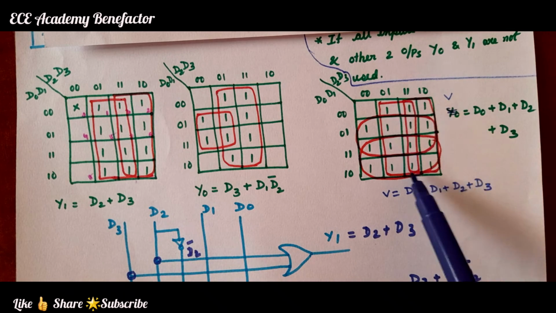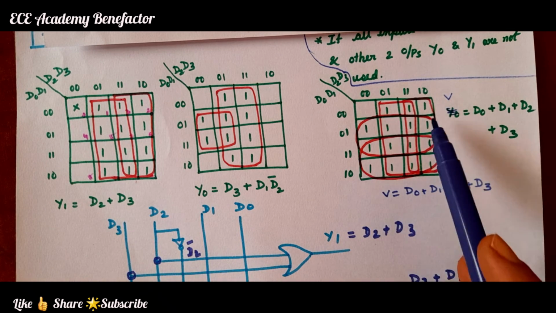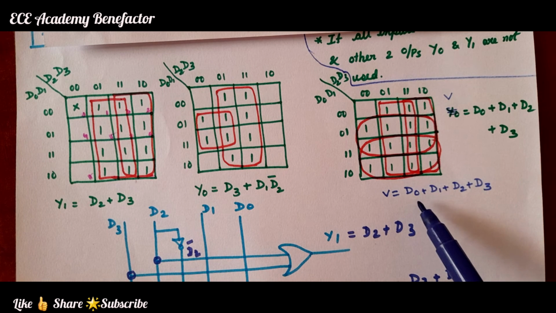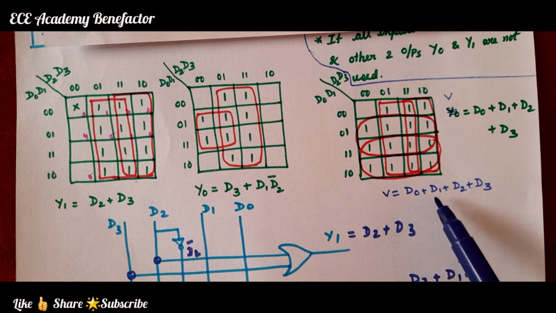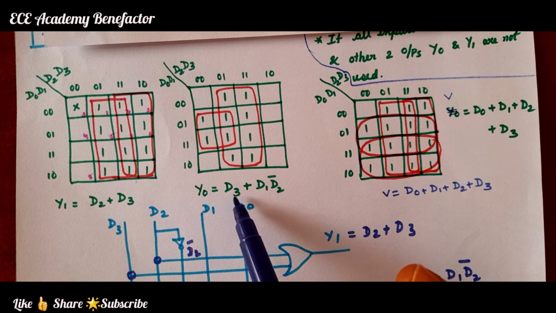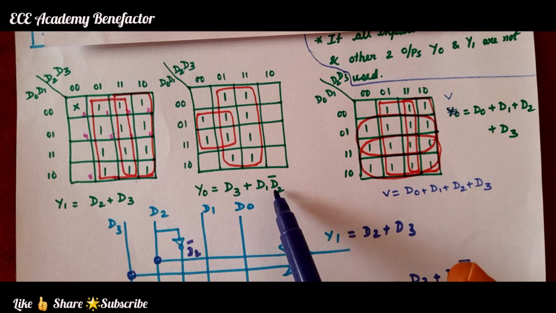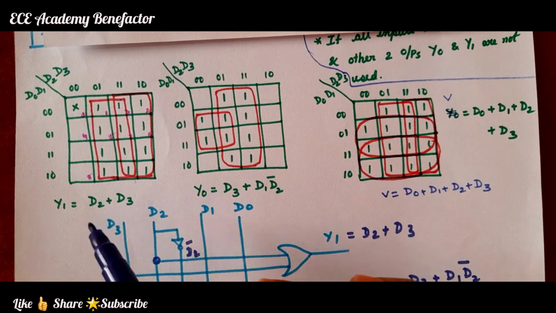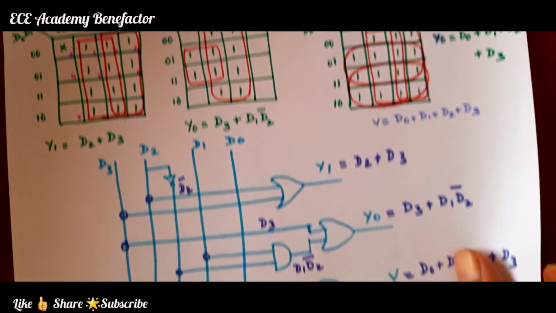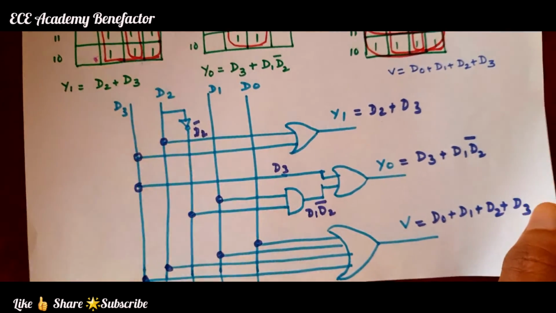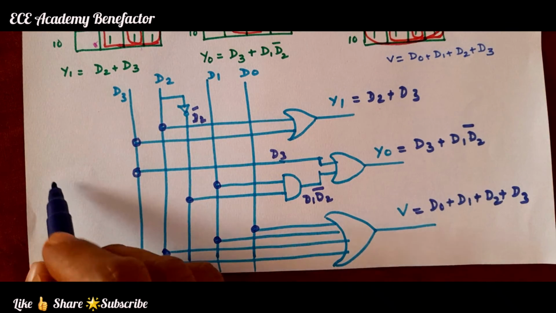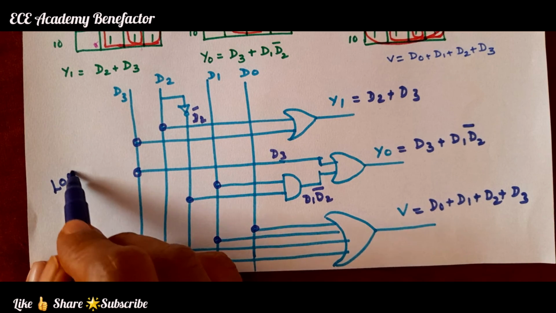For 4 octets we get the valid output expression as D0 plus D1 plus D2 plus D3. The Y0 expression is D3 plus D1 D2 bar. The Y1 expression is D2 plus D3. Based on the simplified K-map expressions, we have drawn this logic diagram. This is the logic diagram of the priority encoder.